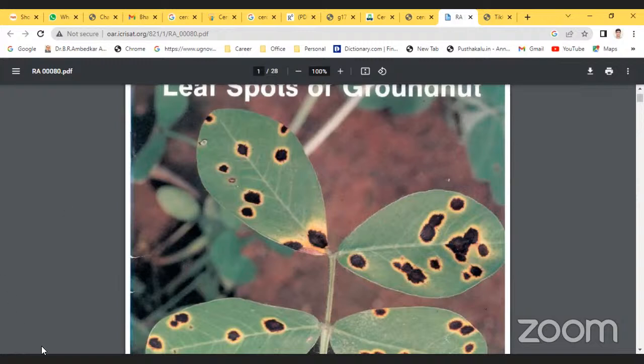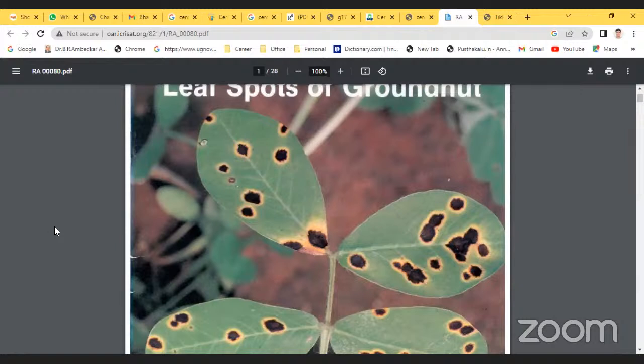Yes, is my voice audible? Do you understand? Yes, sir. We have understood. What is the first color? Brown, surrounded with a yellow color. Then it leads to reddish brown, and finally it turns into black color, sir. Black color. This is the way when the Cercospora or Tikka disease attacks the Arachis hypogaea, the groundnut plant.